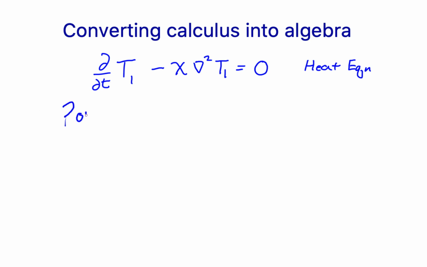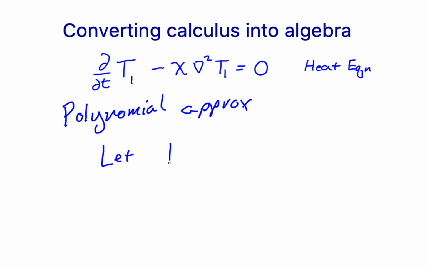So, polynomial approximations. A polynomial approximation is a way of representing a function. We're going to let there be a polynomial representation of a function, like our function of temperature.